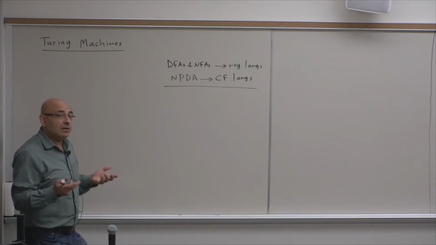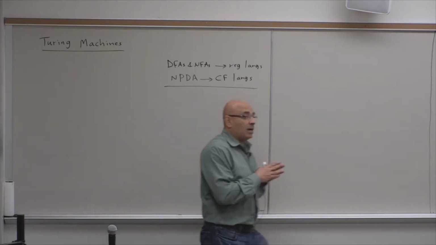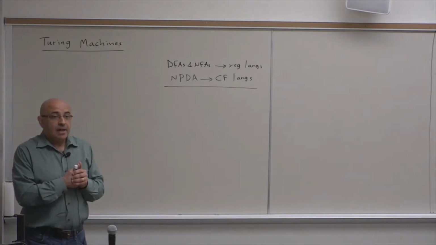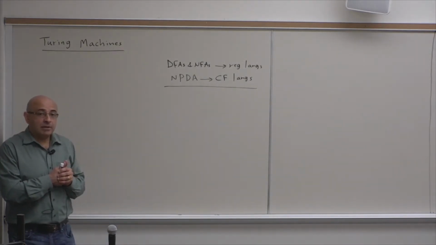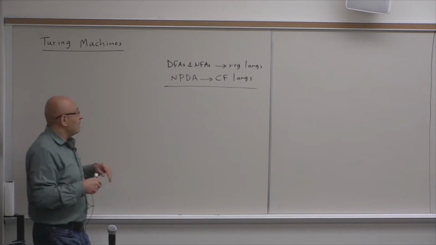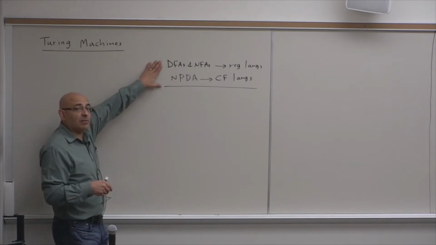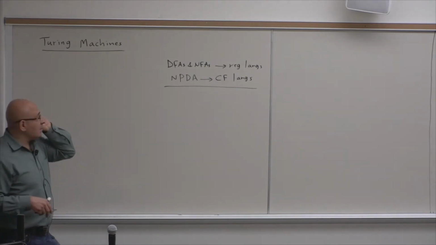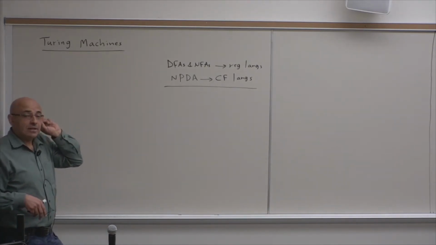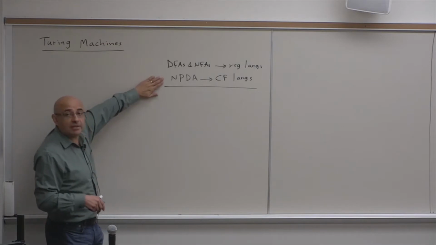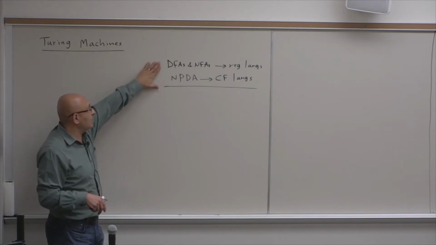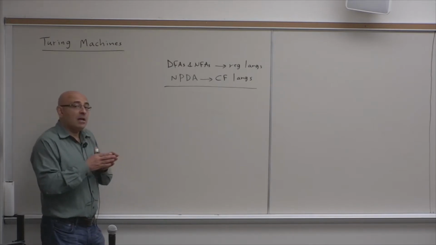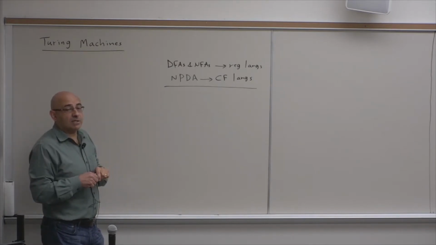Clearly, in order to recognize a larger set of languages, it has to be more powerful, and to be more powerful, it has to have more features that we don't have in finite automata and push-down automata. Now let me ask a question. What's that feature that push-down automata have, but finite automata don't, that allowed us to recognize a larger set of languages?